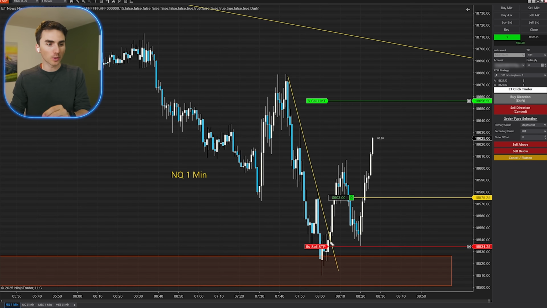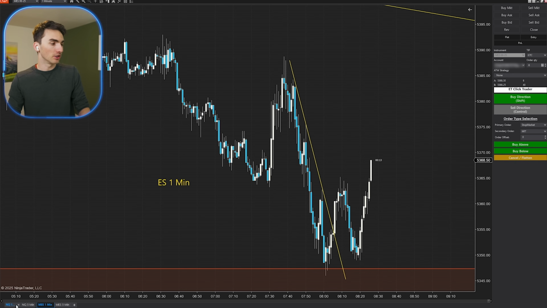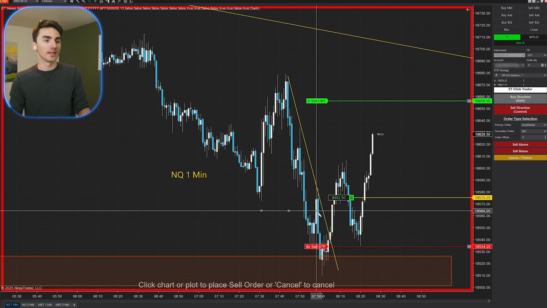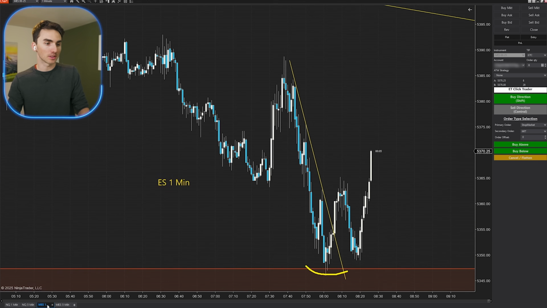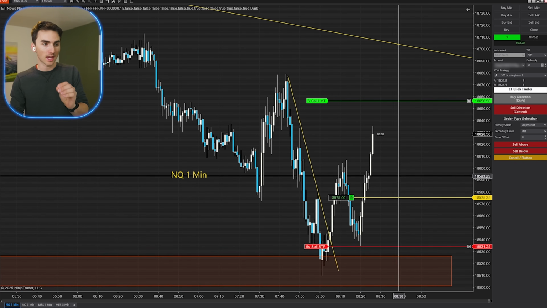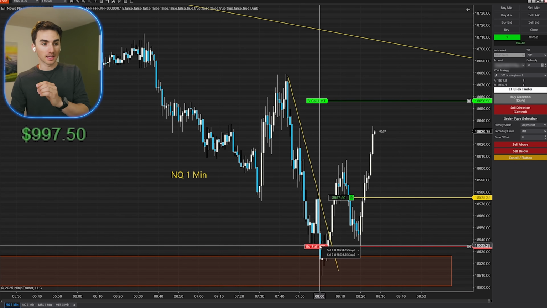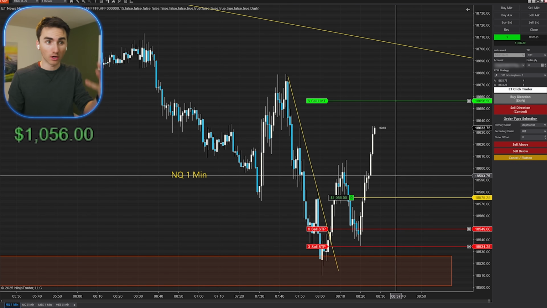As I was going into this trade, I was looking at this move here, essentially saying, okay, which one looks more bullish? And you can see that move, the NASDAQ here was stronger and the pullback wasn't as far down compared to here. The ES made more of a double bottom. And so my idea with that was, hey, this is stronger, and so I want to get in on the stronger move.